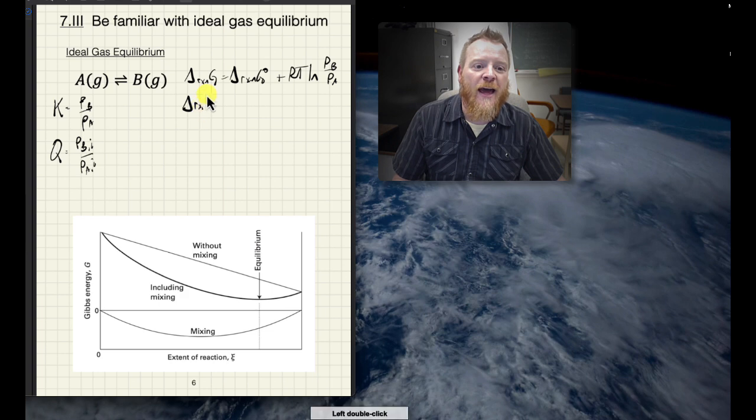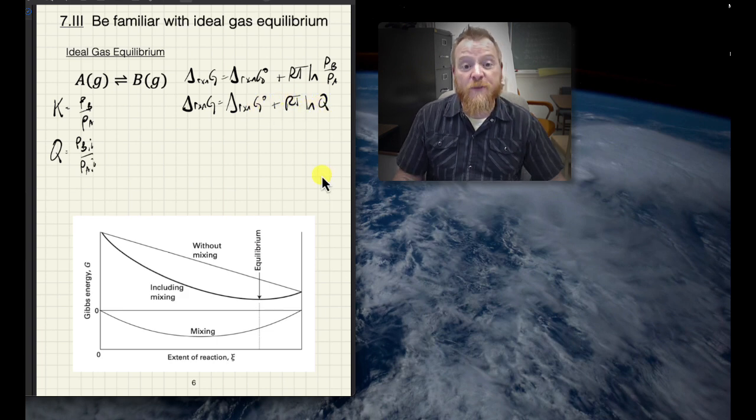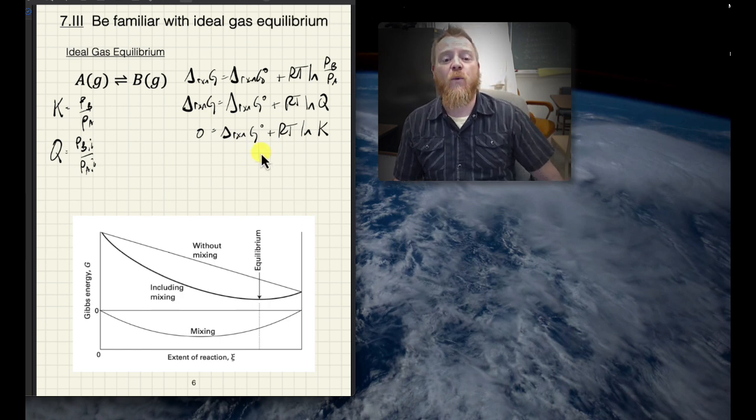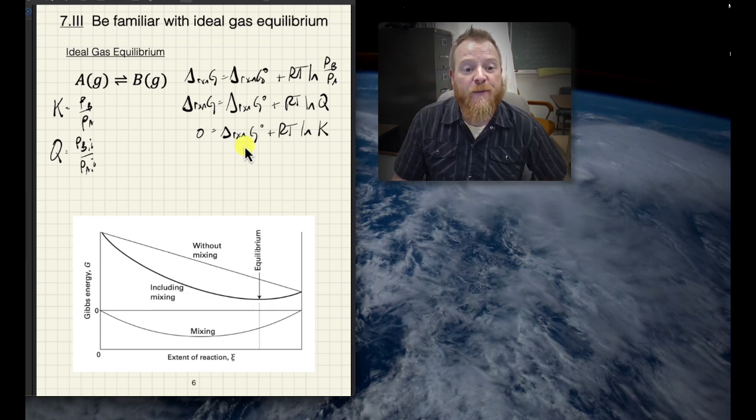Thus, we would write delta G Rxn equals delta G Rxn standard plus RT natural log of Q. So I'm replacing PB over PA with Q. And when we have achieved equilibrium, we know that this delta G will be 0. We still have a standard free energy of reaction, but now we can replace Q with K.